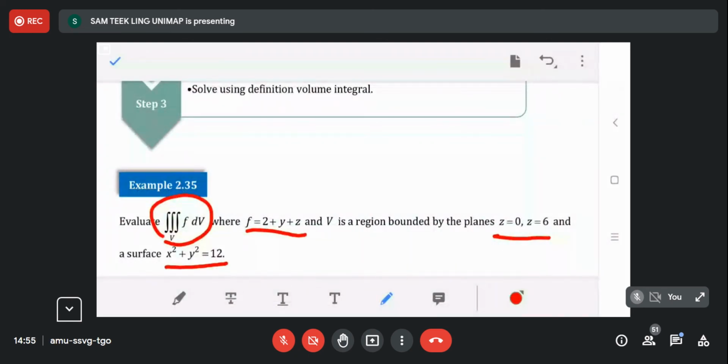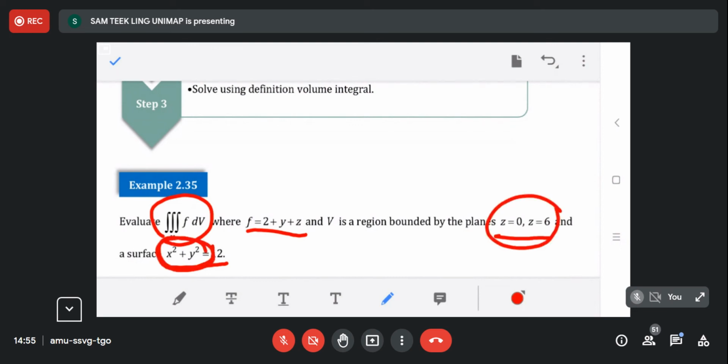They have one circle, x power 2 plus y power 2, plus 2 planes. So this one is a cylinder. You can see here xy, and here z is not the same.